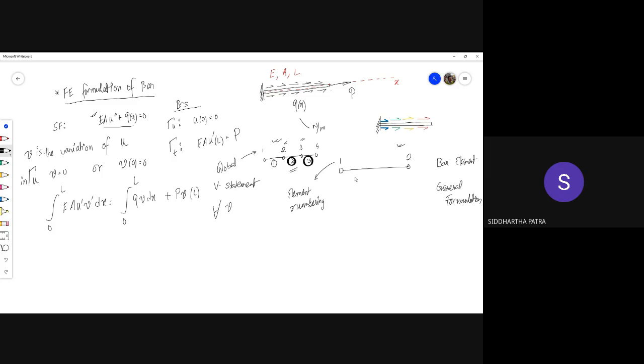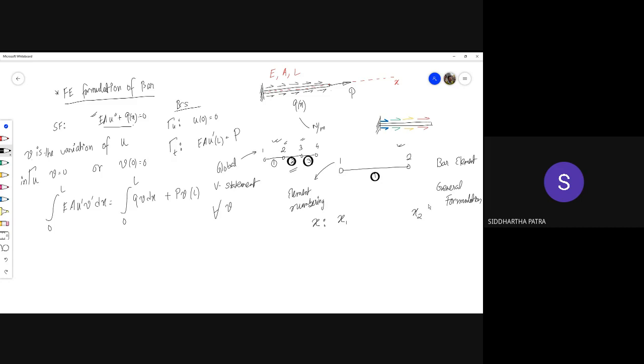So given an element, say element number 1, we have two boundary nodes 1 and 2, and this one is the physical coordinate, that is x, and those are, let's say, x1 and x2.